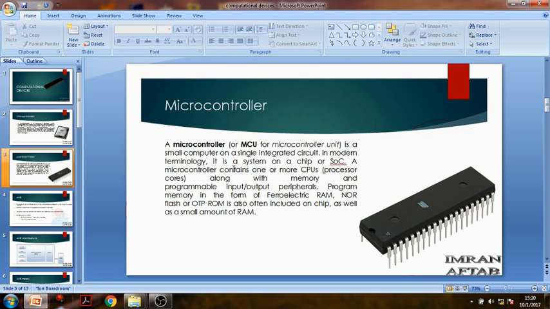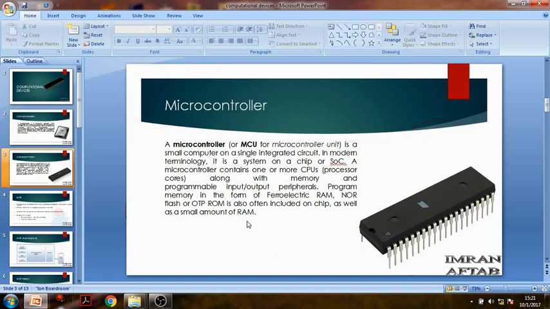That's why it is known as a system on chip, or in short, SoC. A microcontroller contains one or more CPUs along with memory and programmable input-output peripherals. Program memory in the form of ferroelectric RAM, NOR flash, or ROM is also often included on the chip, as well as a small amount of RAM.